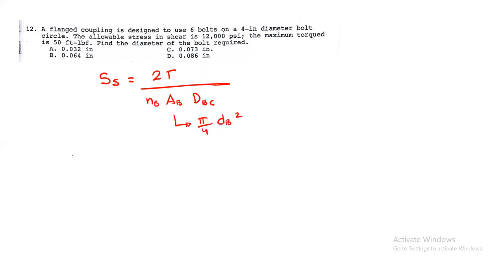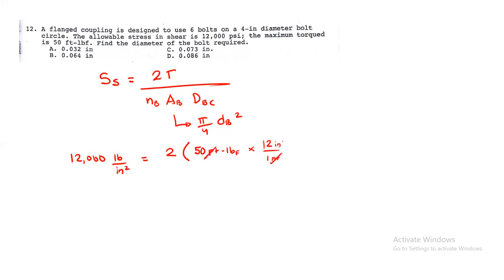So substitute natin, shear stress is 12,000 pounds per inches squared is equals to 2 times torque. So 2 times torque natin is 50 foot-pounds of force. So convert natin into inches, times 12 inches per 1 foot.